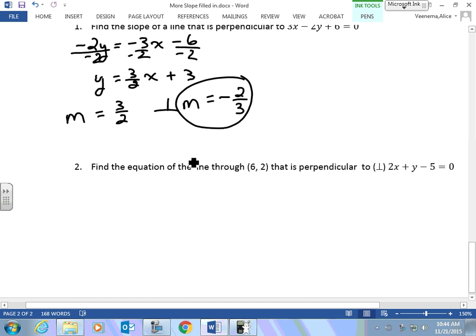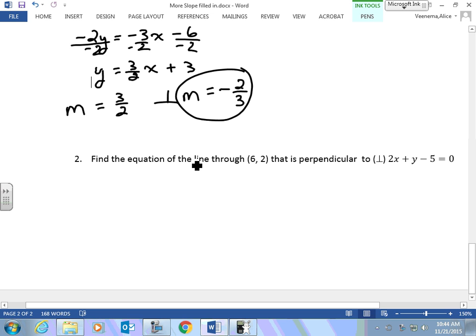We're finding the equation of the line through (6, 2) that's perpendicular to 2x plus y minus 5 equals 0. So again, rearrange the equation to get y by itself. The slope of that line is -2. The perpendicular slope then will be positive 1/2.